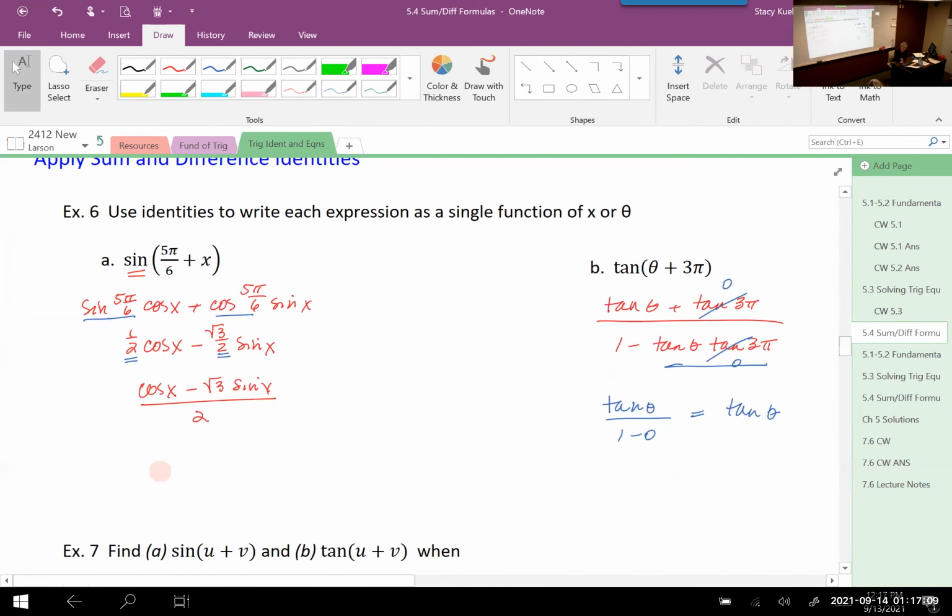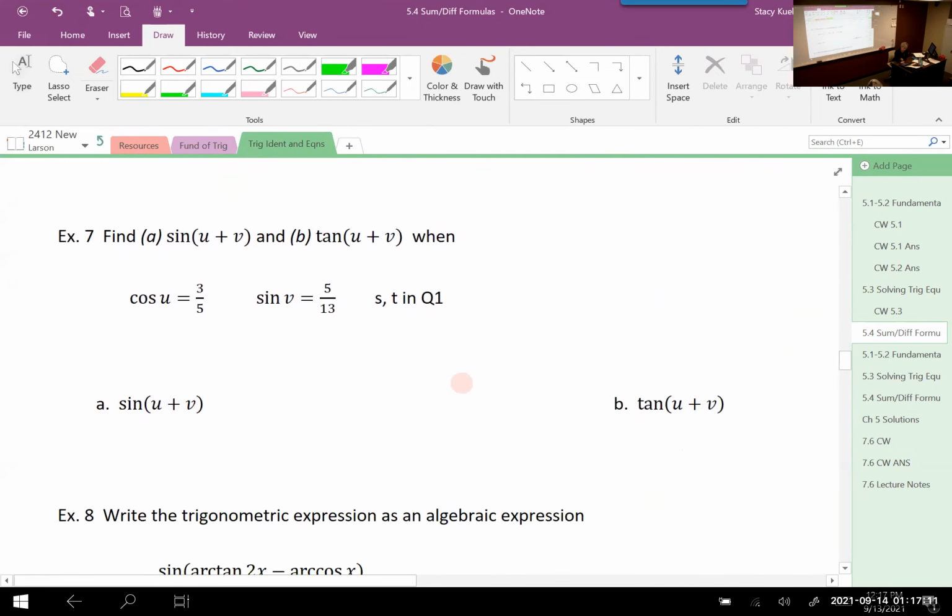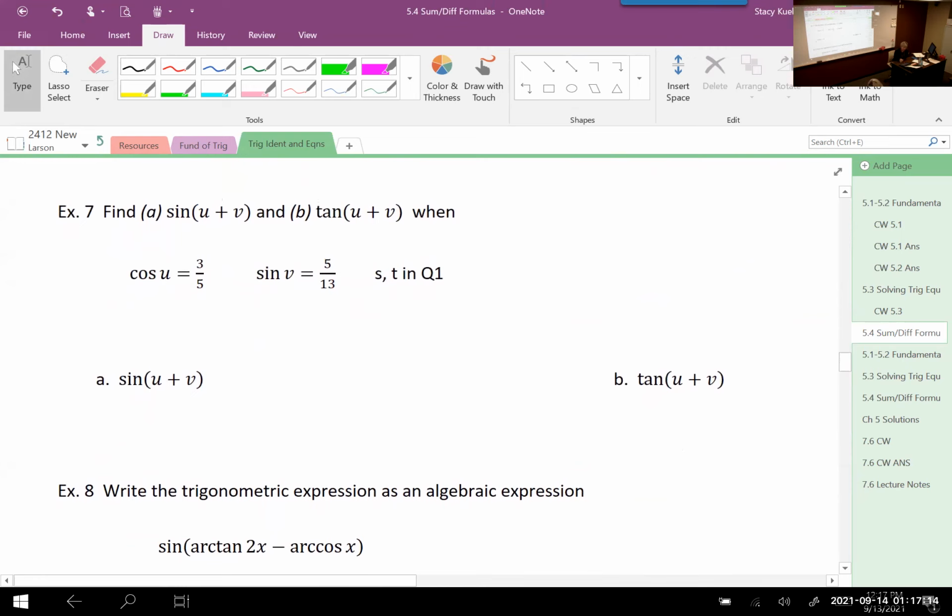Now, another application that we use when we're talking about these identities is in this case right here. So I'm going to work this problem twice, but I'm going to use the same information for it, okay? What we want to find out is the sine of angle u plus v and the tangent of angle u plus v. Those are the two tasks I'm going to be completing.